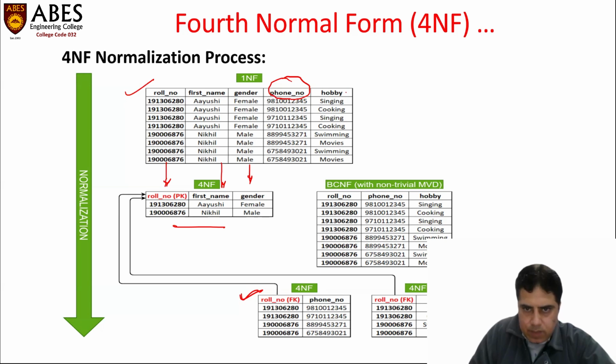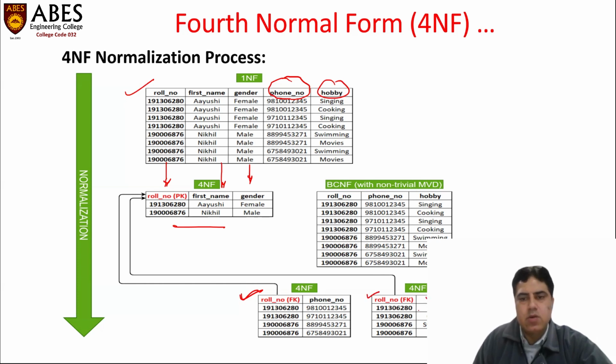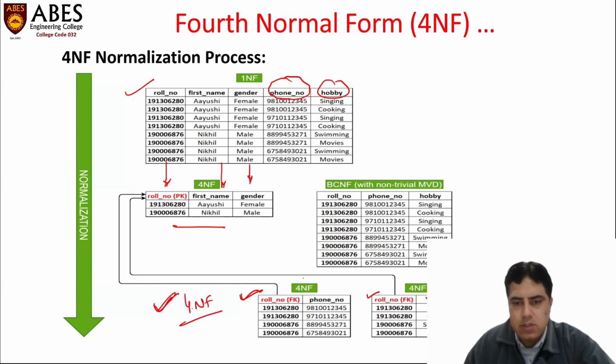Then we will decompose another table with the next attribute, hobby: roll number is the foreign key and the next attribute is hobby. So this is the normalized form. This is in 4NF because there is no multi-valued dependency in these tables.